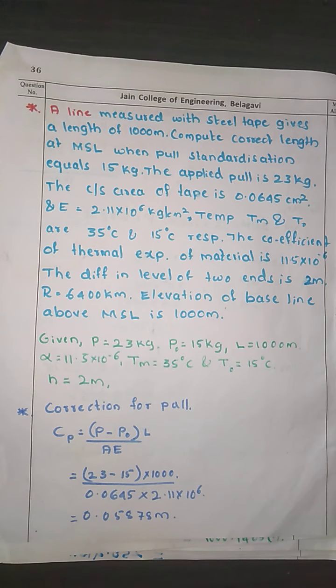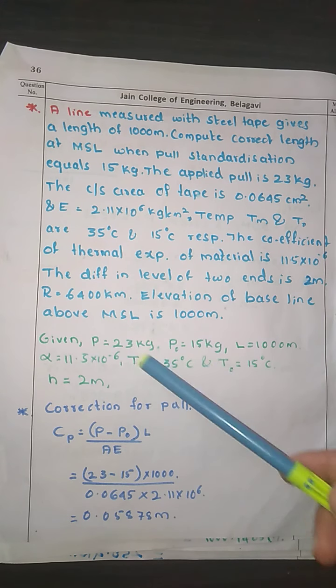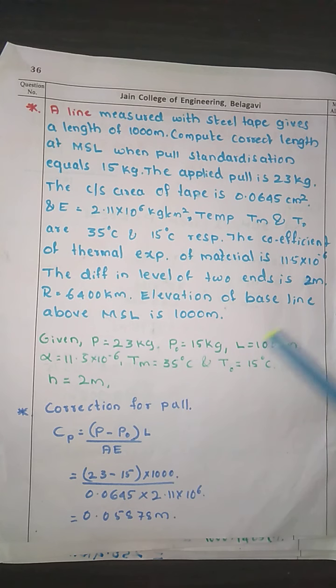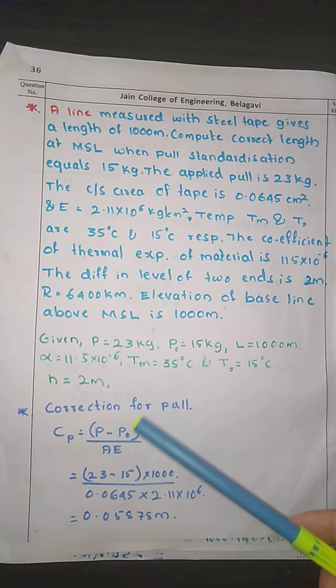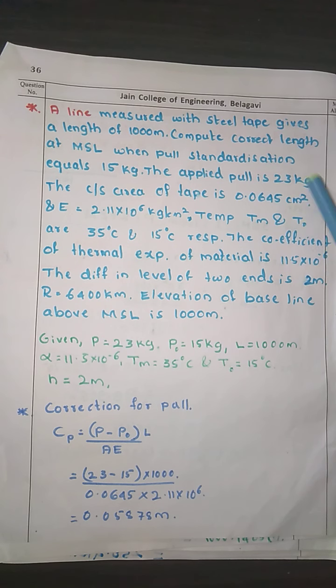Now the correction for pull is Cp equal to (P minus P naught) divided by AE, into L. P is already given, 23 kg. P naught is 15 kg. L is 1000 meters. A, the area of cross section, is 0.0645 centimeter square, and E is 2.11 into 10 to the power 6.